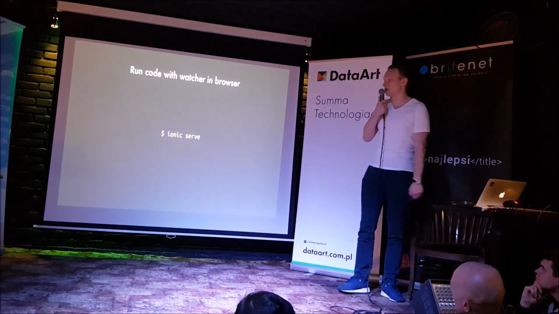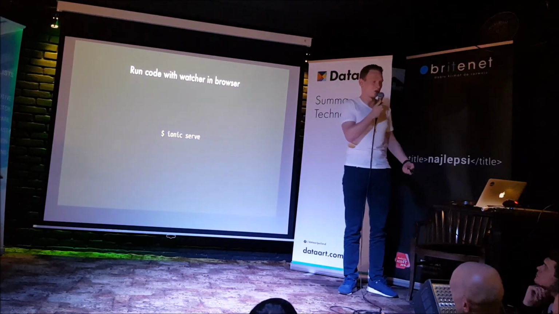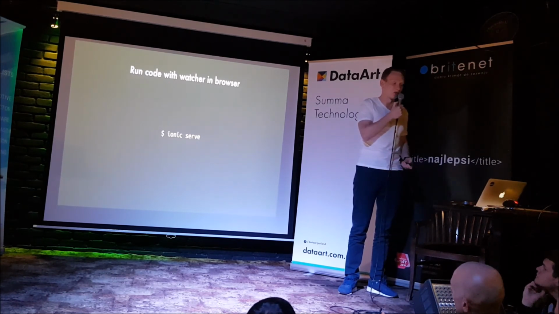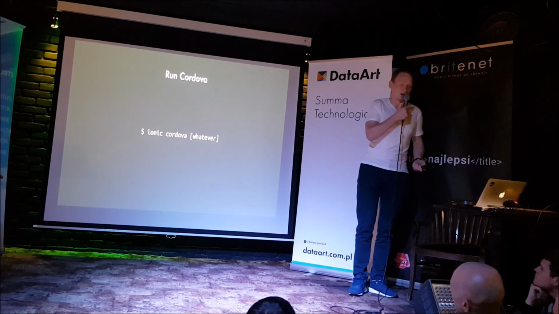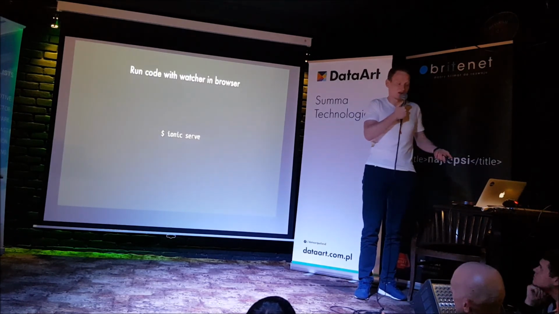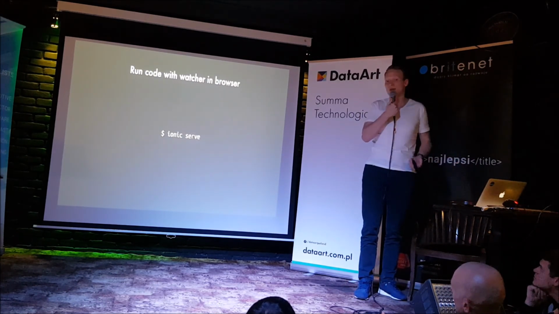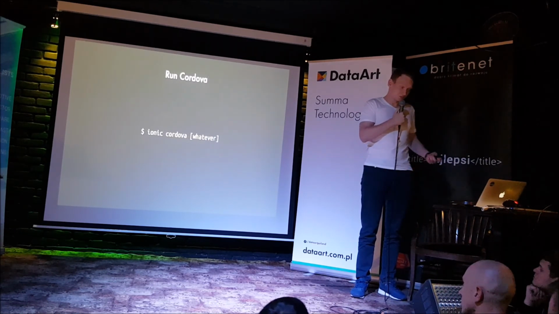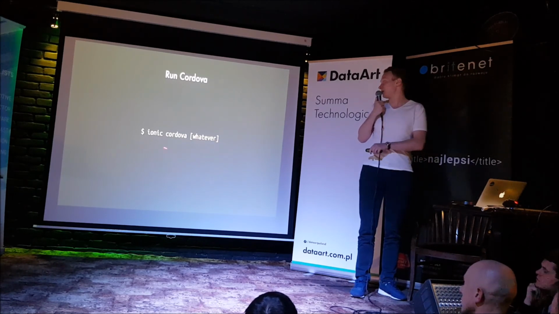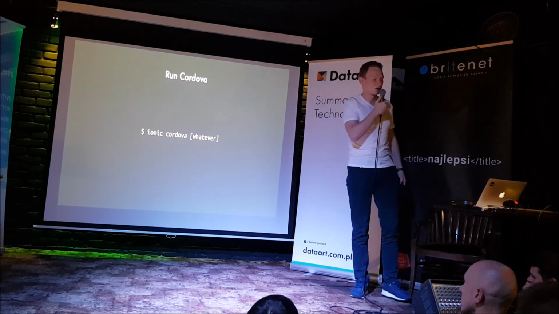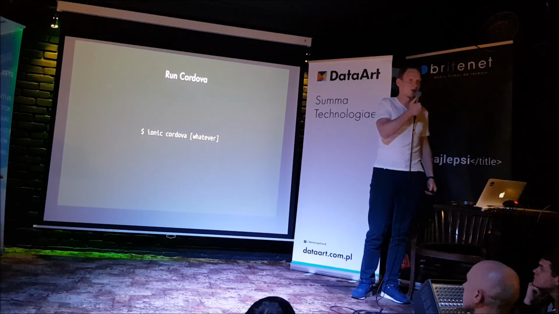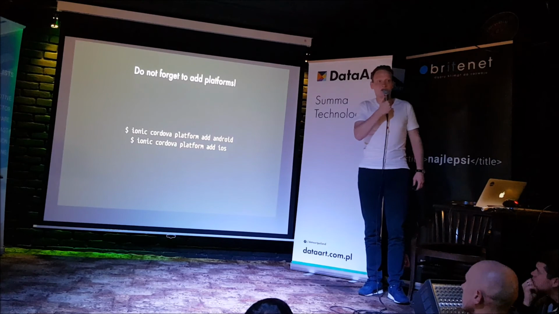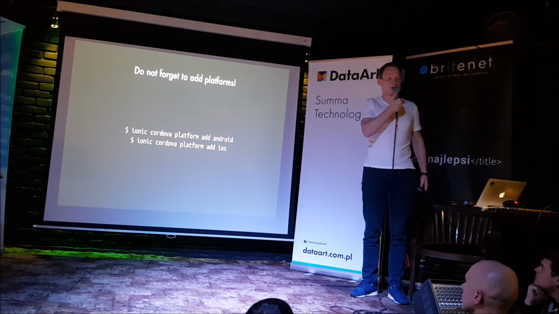You can run your code in the browser with one command, and it will generate an imitation of a mobile device in the browser. It's actually just a web server for your Angular app, so nothing special. You can use Cordova commands. Ionic has its own wrapper for Cordova functions to simplify the build. And you can add platforms. That's the only thing you need to do after the installation, just add the platforms you want to build for.